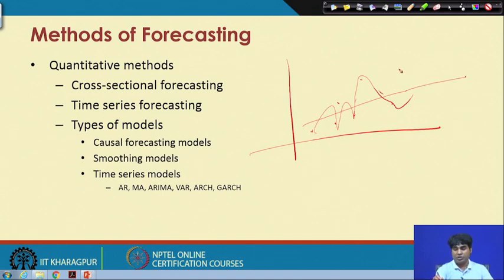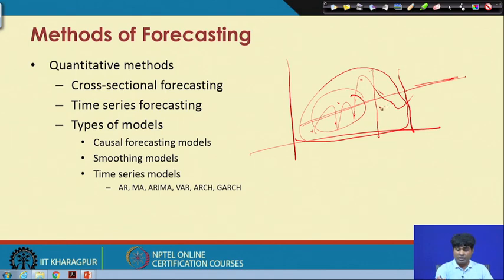Once you confirm that this trend is okay, you can extend the line this far. But to know whether this line is perfect or not, let us say this is 100% of the data. You make 80% for model building, and the rest 20% you keep for model validation.